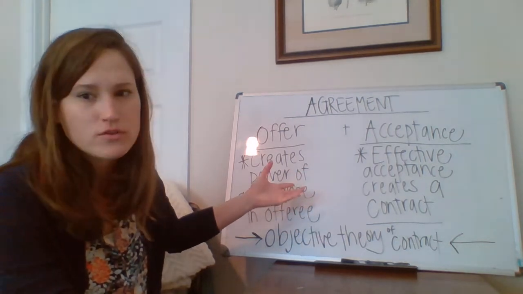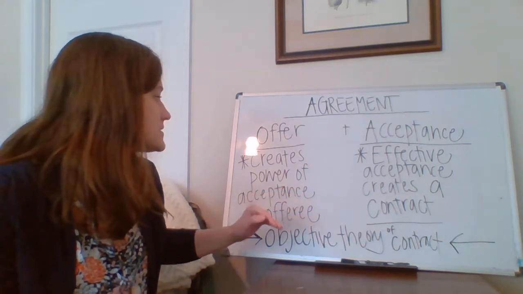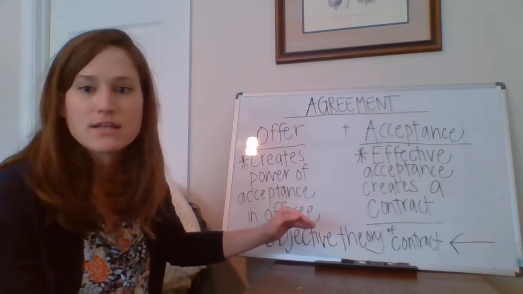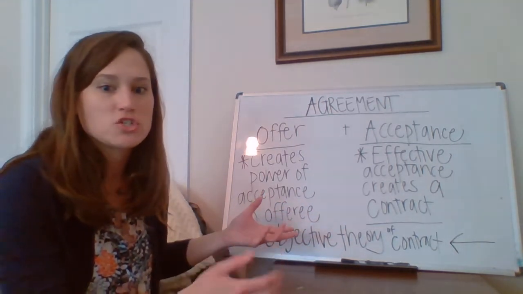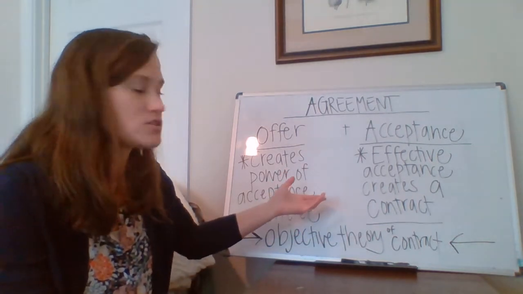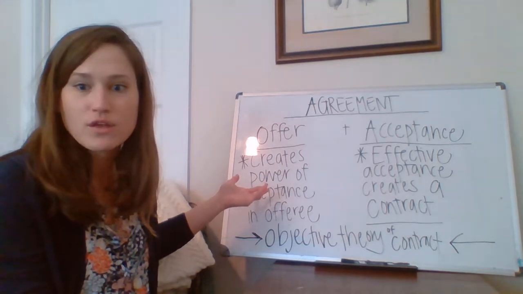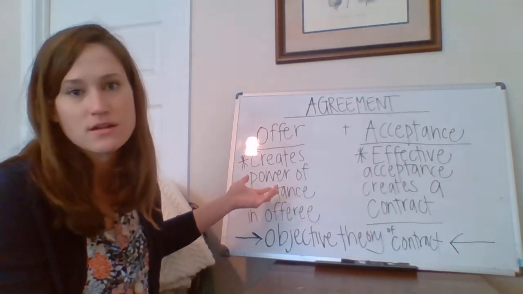It doesn't avoid all confusion. We'll talk about that later, but it certainly helps. But the idea here is that we want to make sure that it's objectively reasonable to have a situation where, let's say, your offeree tries to accept. We want to make sure that it would have been clear to a reasonable person that the offeror was intending to make an offer.